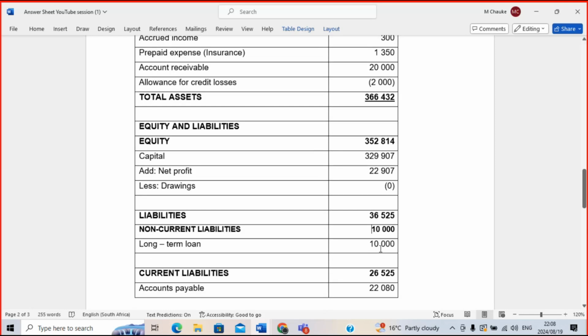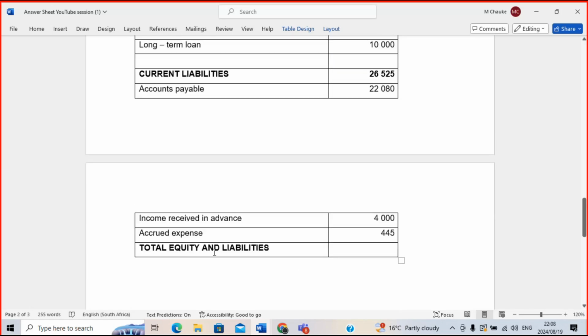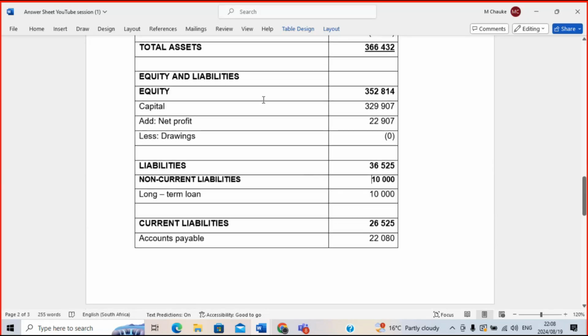That is 36,525. So in order for us to calculate our total equity and liabilities, we have to say our equity there, which is 352,814, plus our liabilities, 36,525.